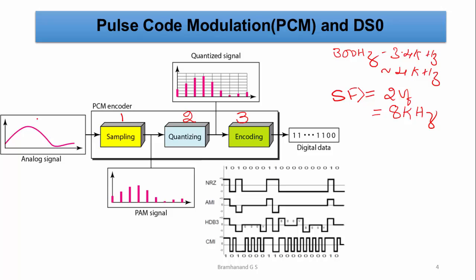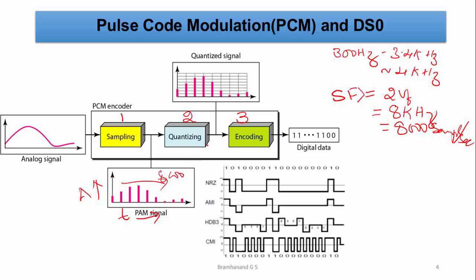Any analog signal can be sampled and digitized only if it is sampled 8,000 times per second, so we get 8,000 samples per second. The output of the sampler looks like this.